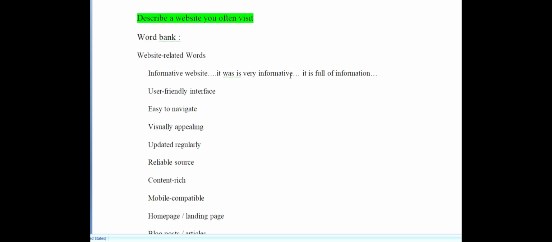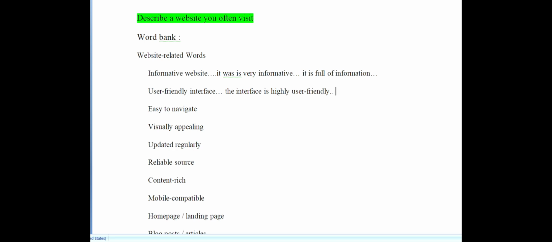Right. Next, it is user-friendly interface. So you can say the interface is highly user-friendly. If you're not getting even this, you can say it is user friendly.